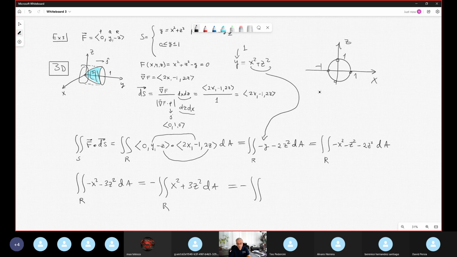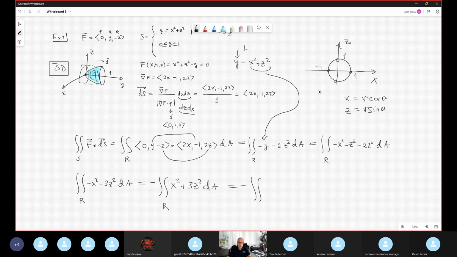The equation in polar is x equals r cosine theta, and normally y is r sine theta, but in this case it's not y, it's z, because we have applied polar in the XZ plane, not in the traditional XY plane. The traditional that we apply always is in the XY plane, but in this case, XZ plane.